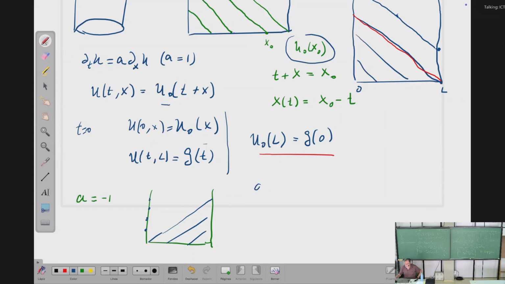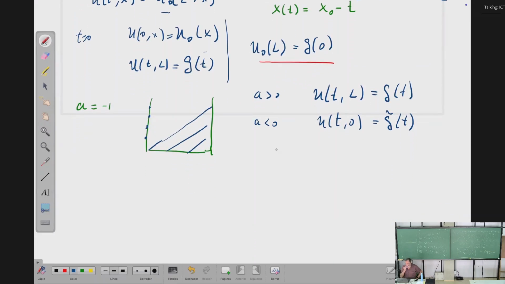So a positive, you have to give u at the right side, some values, and a negative, you have to give u of t, 0 equals to g twiddle of t, okay? Depends on that.